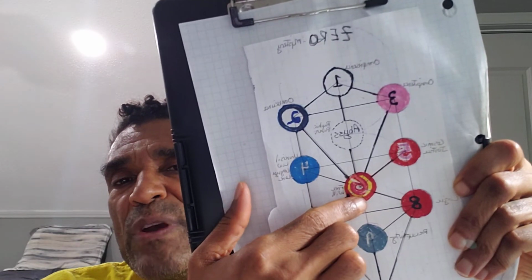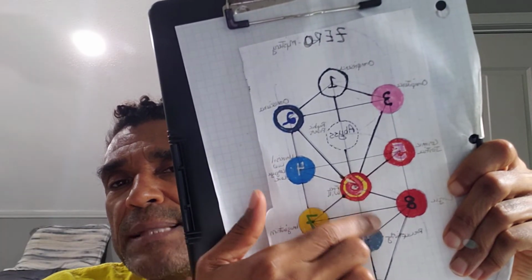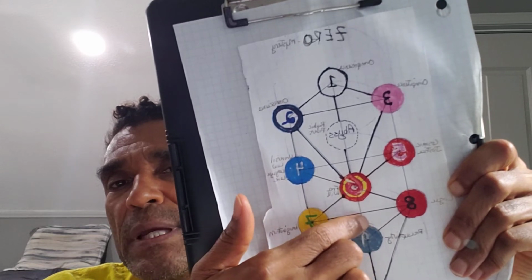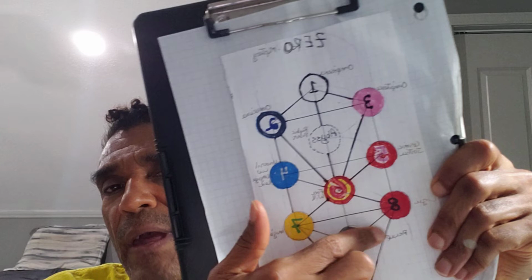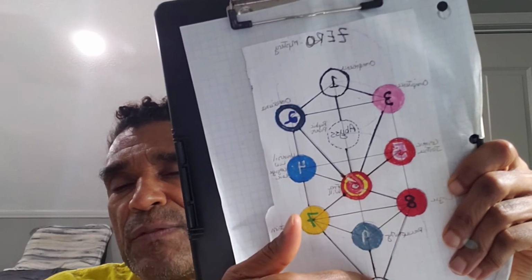So we find that we're paying attention down the tree. We mostly pay attention to the eighth and ninth spheres and the 10th sphere.